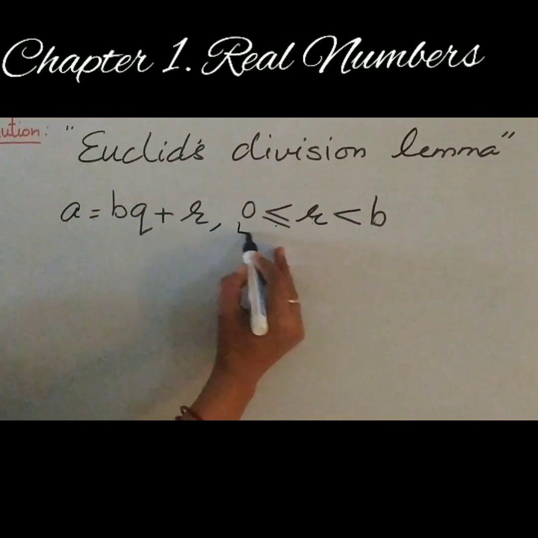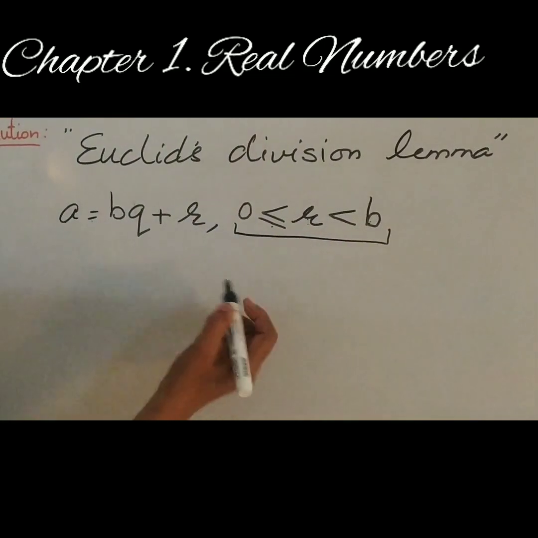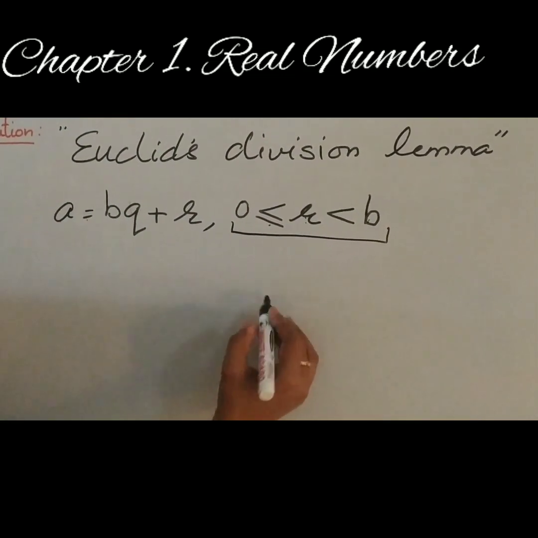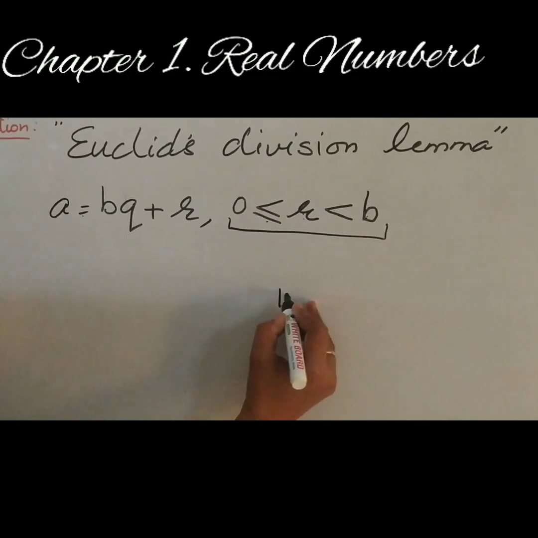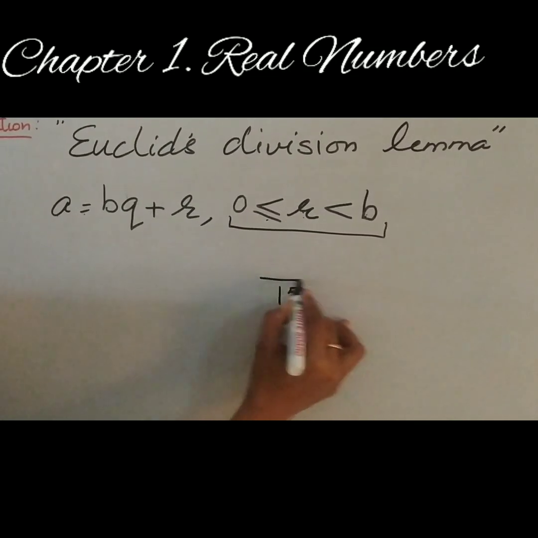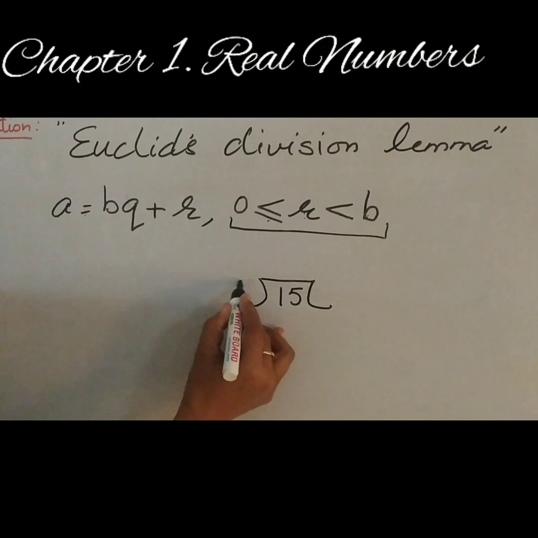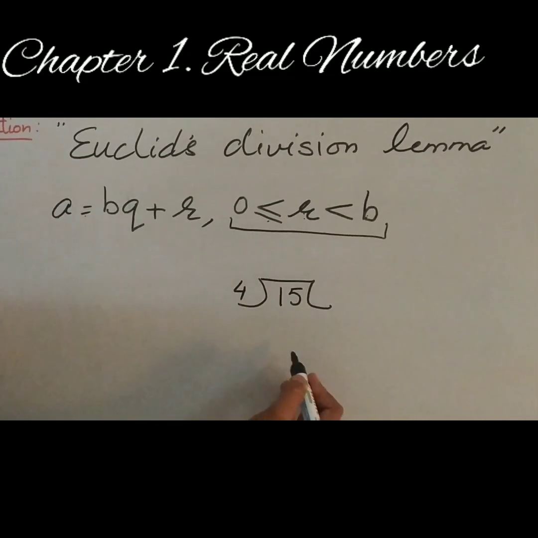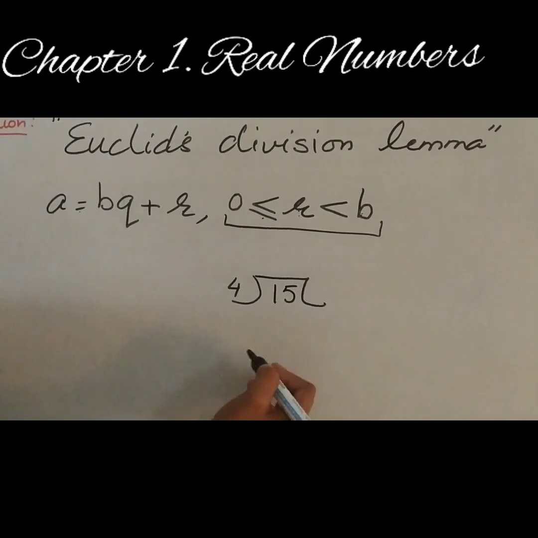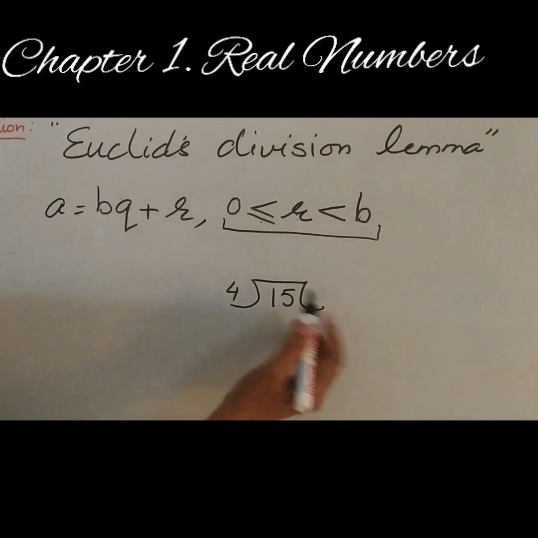I'll explain this concept by taking a few examples. For example, if I have to divide 15 by 4. Now I am going to do a few divisions. You people will check which division is correct.